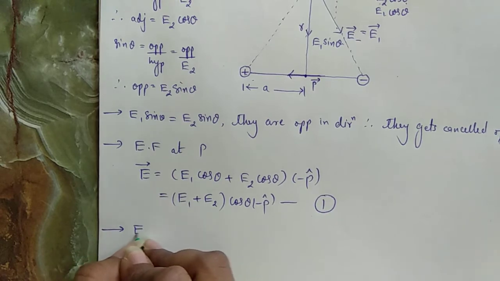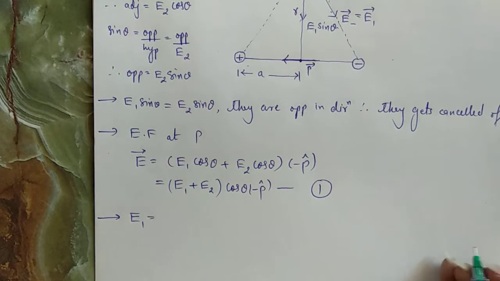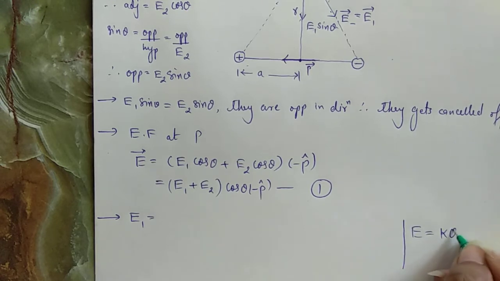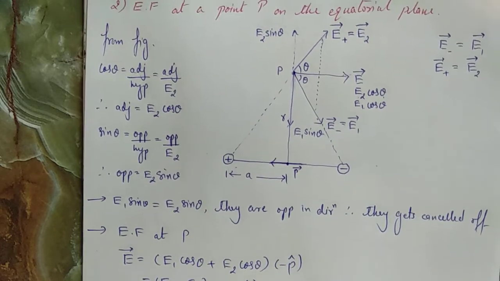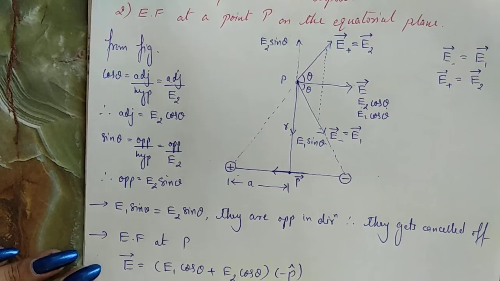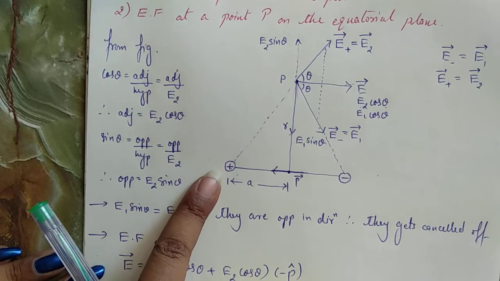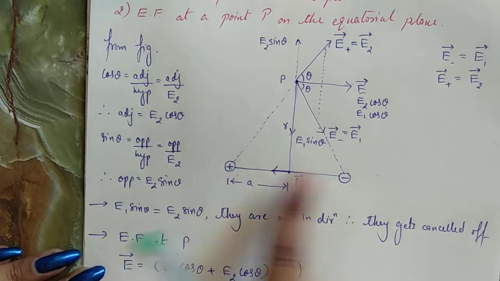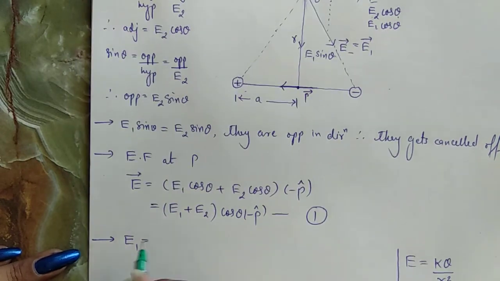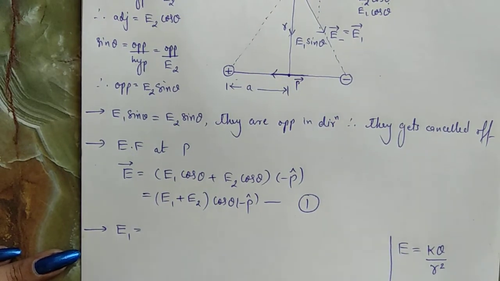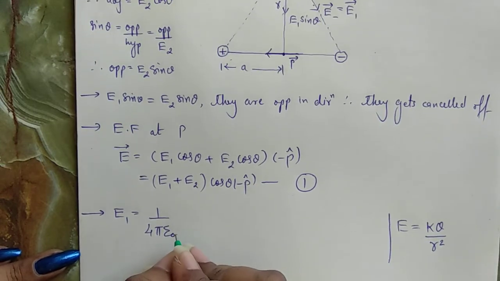So for that I'll calculate E1. We all know the formula of electric field due to a point charge. It was this. Again here we are using the principle of superposition. We'll be calculating electric field due to the positive charge, then due to the negative charge, and then we'll add them, so we'll get the resultant electric field over here. So E1 from this equation, K is equal to 1 upon 4 pi epsilon naught.